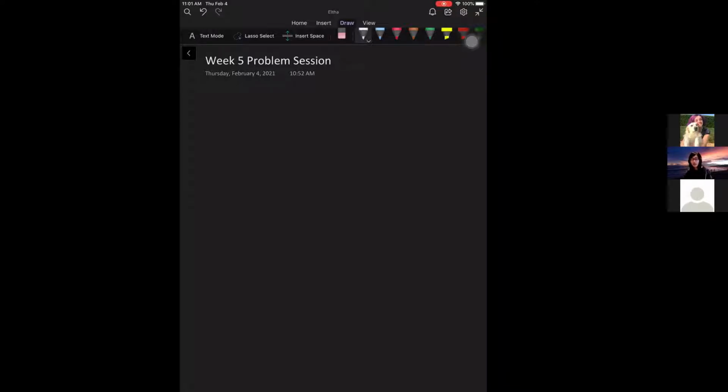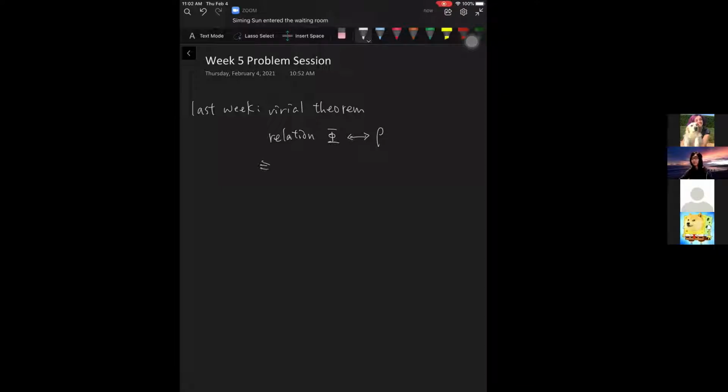So from the problem session last week, we talked about the virial theorem and the relation between gravitational potential and the density distribution, which is the very useful Poisson's equation, nabla squared phi equals 4 pi G rho.